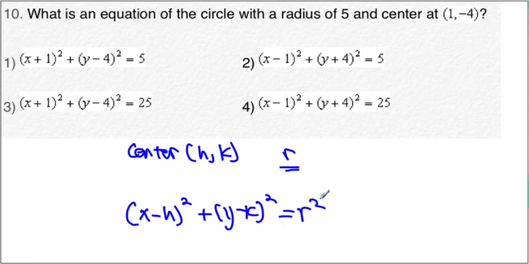Then, since we have 1 up here, that means we are looking for x minus 1, which is one of these two. And since we have negative 4, that means y minus negative 4, which makes positive 4. So both of them will still be okay, but the radius has to be squared, which gets us the fourth one to be our answer once again.